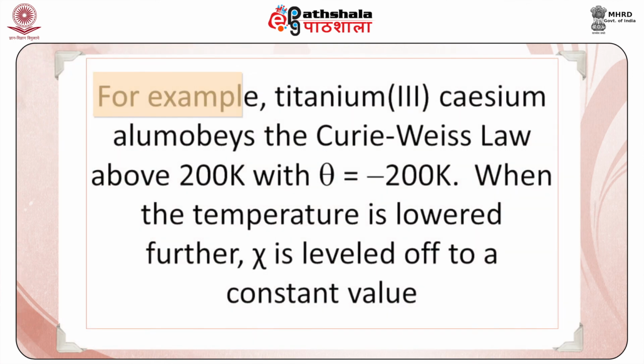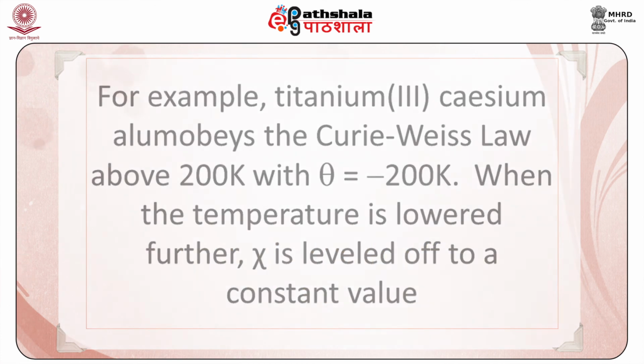For example, titanium cesium alum obeys the Curie-Weiss law above 200 Kelvin with theta equal to minus 200 Kelvin. When the temperature is lowered further, chi levels off to a constant value.